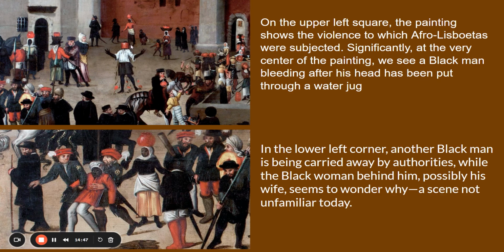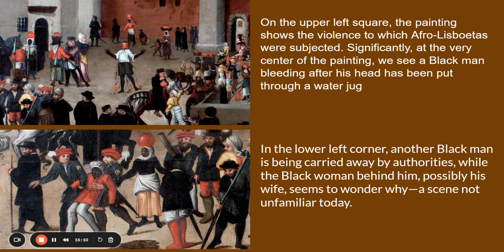But the fact that this jug, right, has been shoved violently over his head is kind of an act of how the different races were treated. And what I find more interesting is that the painter, again, isolated this person. And then that question is why?